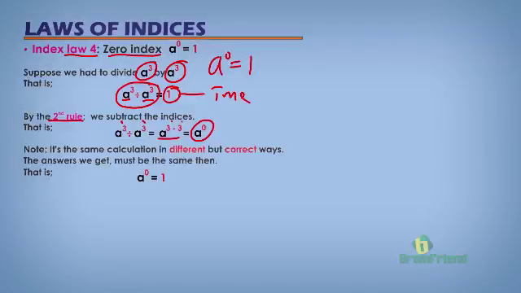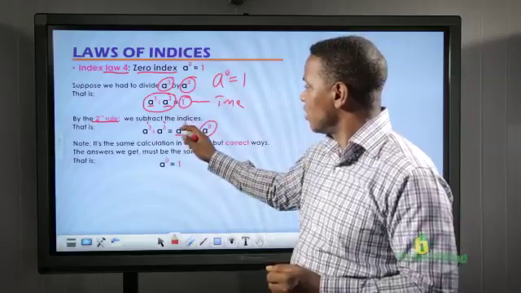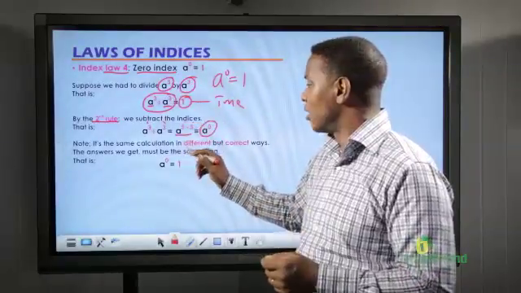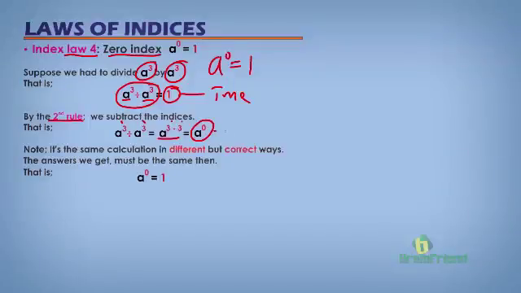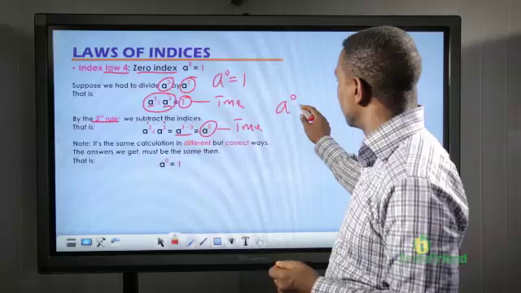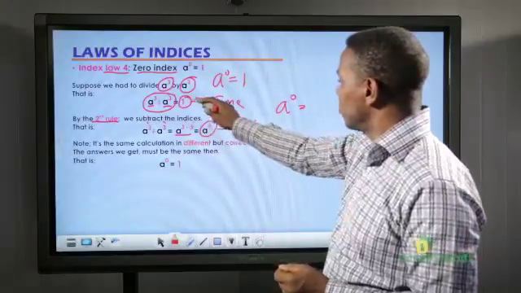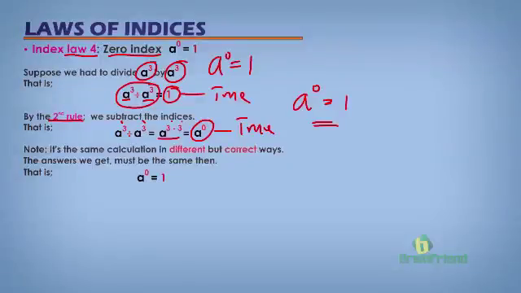And we also said by our second rule of indices, 3 minus 3, which is our power, would give us A raised to power 0. And this is also true. That simply tells us that A raised to power 0, our answer here, is the same as our answer here, which is 1. So from this conclusion, we can say that our zero index law is true.